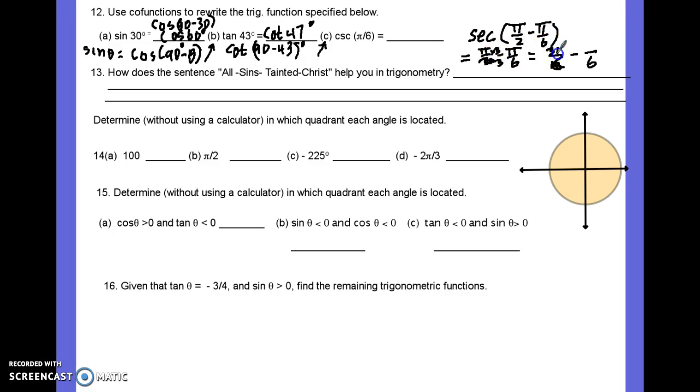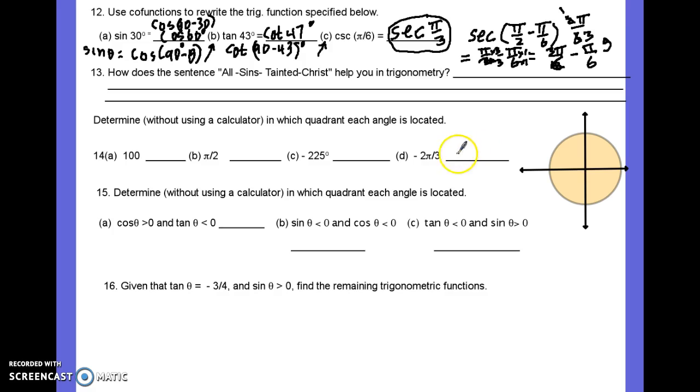This is 3 pi. And times 1 here would give me 6, so times 1. So this leads me to 3 pi minus pi, which is 2 pi over 6. When I divide top and bottom by 2, I end up with secant of pi over 3. That's that one.